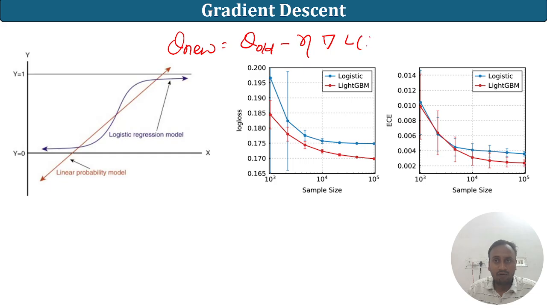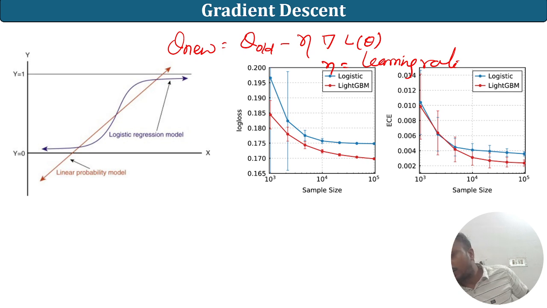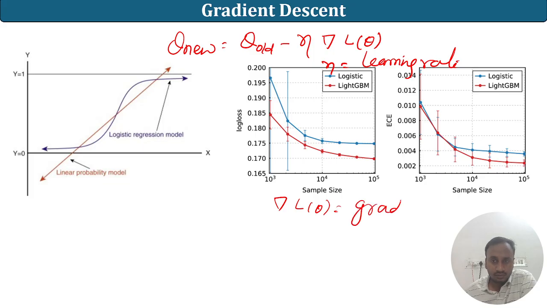The learning rate defines how fast or slow our convergence will be. And the gradient of the loss is with respect to theta.